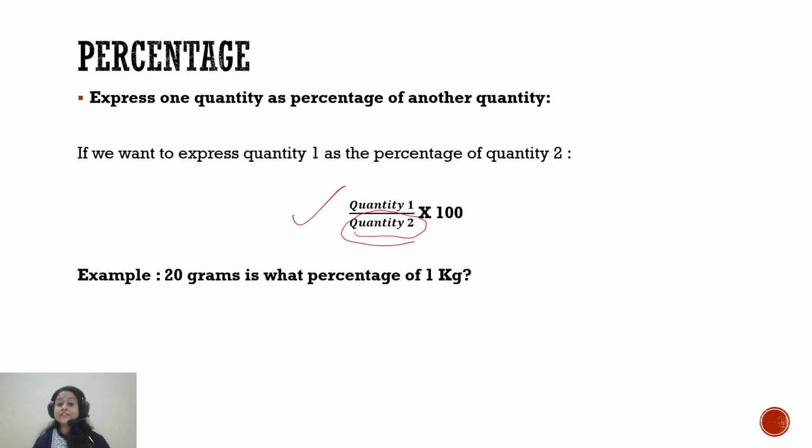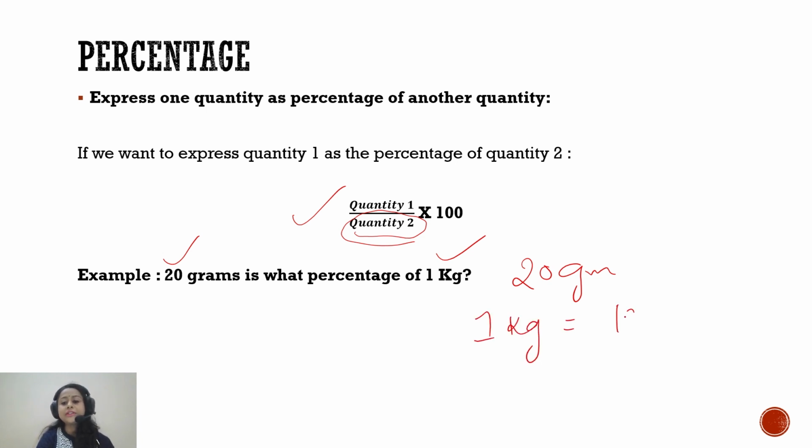For this, you have to bring both values into the same unit. We have 20 gram; either we will convert it into kg, or we will convert 1 kg into gram, which gives us 1000 grams.